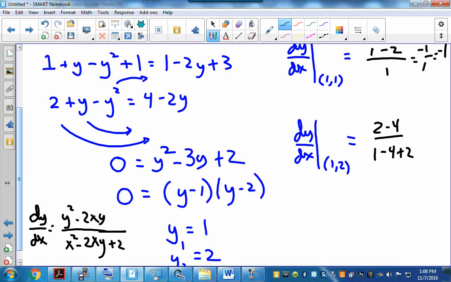All right, so what's that? Negative 2 over negative 1, 2. So those are the values we got. Something's not quite right here. Let me look at my solution sheet. That's where I made my boo-boo.